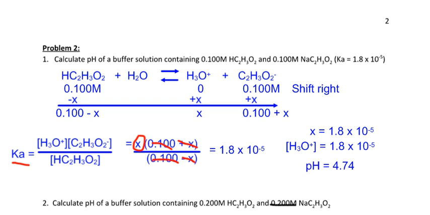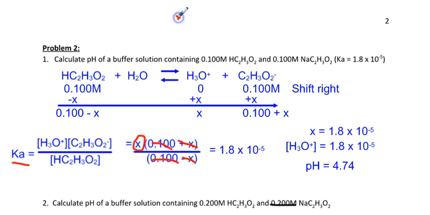Okay. It might not be a bad idea at this point to ask, so what did this buffer do for me? This buffer resisted the change in pH. So what if we didn't have the sodium acetate here? What if that was not there? What if we only had this present? Could you figure out what this is equal to? It's probably X squared. Let me do some quick math here.